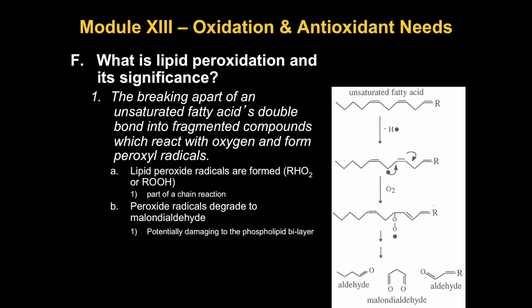What is lipid peroxidation and its significance? Well, if you think about the phospholipid bilayer, it has a lot of unsaturated fatty acids within it. And basically, they are very susceptible to free radical generation.